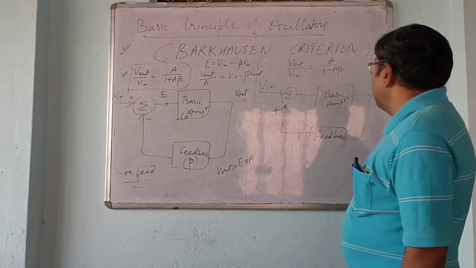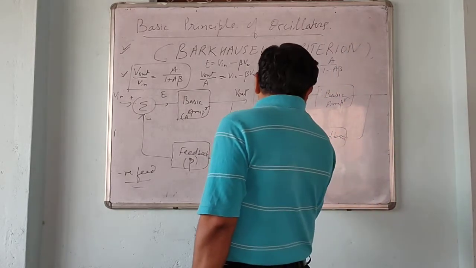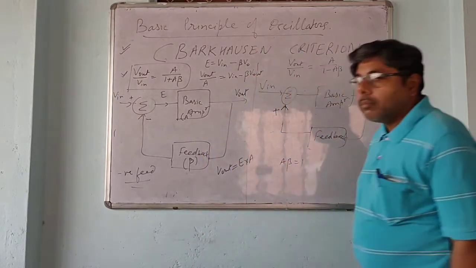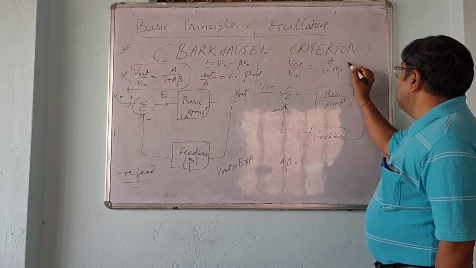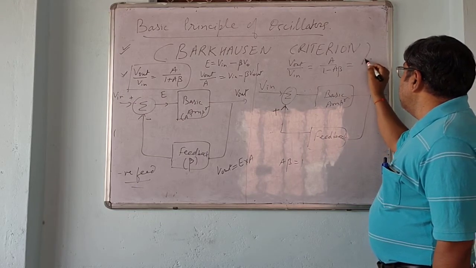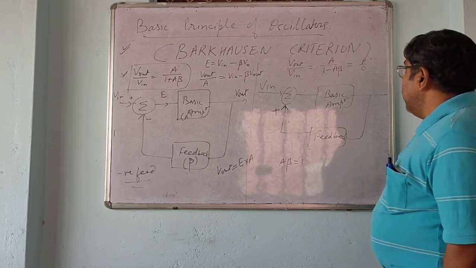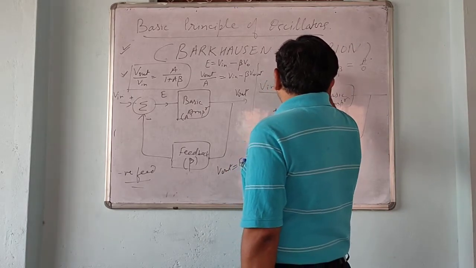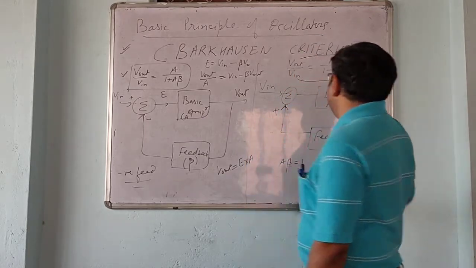And for a particular condition, suppose A beta equals 1, then this is A upon 0. And for this condition means you have a finite output for 0 input.